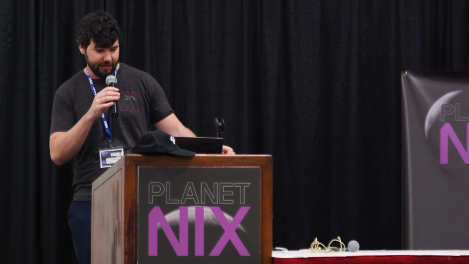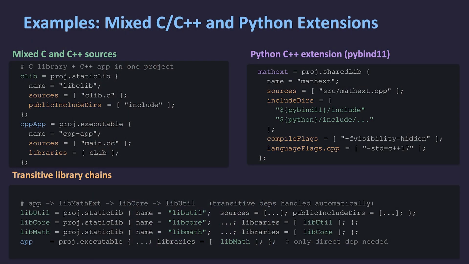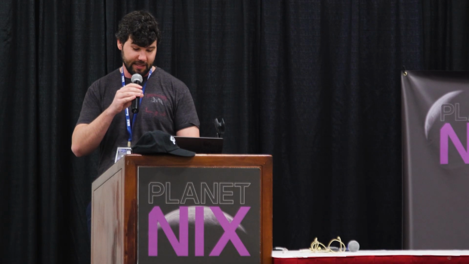And then just other things that I support. You can mix C and C++, so you can compile a C library and a C++ library, and then link it to the C library. Currently the way it works, it auto-detects based on the extension and auto-selects which compiler to use. You can easily use PyBind11 to make Python extensions. You have transitive library chaining, so if this library depends on this library, which depends on this library, and you pass it through, it automatically gets the other ones.